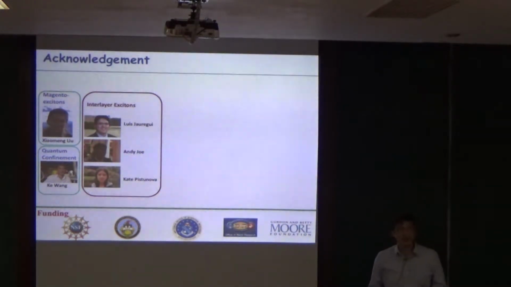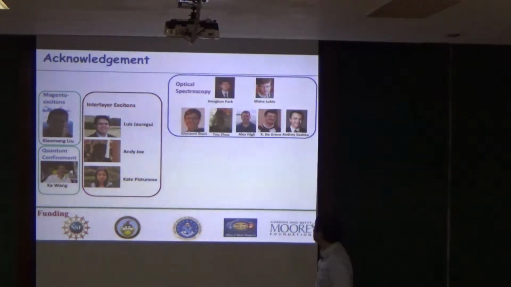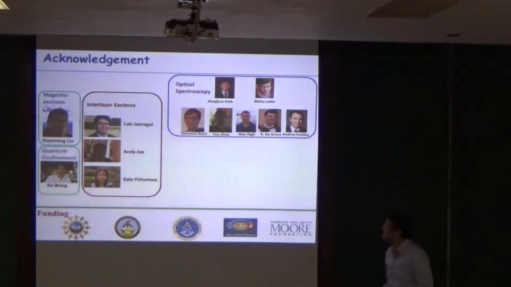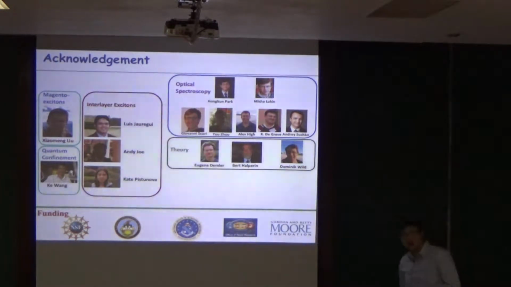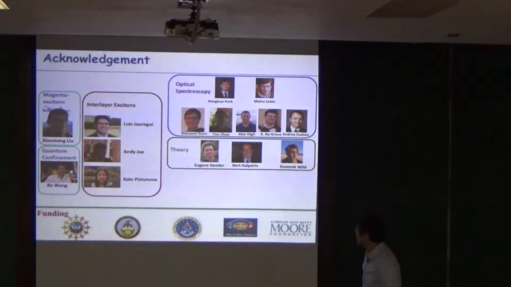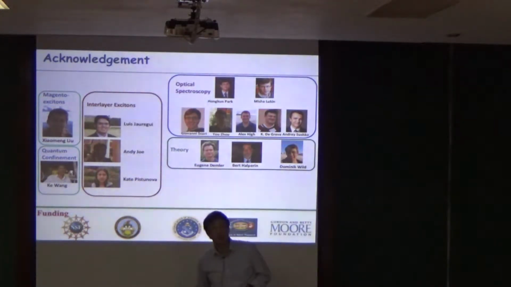But this is also done with very strong collaboration with other people at Harvard as well as other places. Optical spectroscopies, which is an important part of the interlayer excitons, was in collaboration with Hongkun Park's group and Mikhail Lukin's group, with their talented postdocs and students. We have quite strong theory support from Eugene Demler and Bert Halperin and their students, who actually help us understand a lot of interesting things going on in these directions.